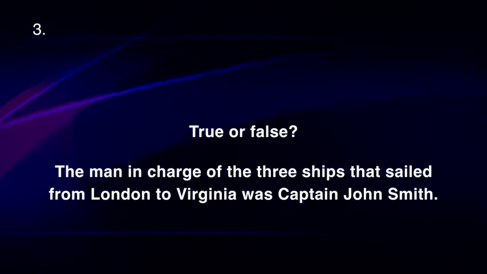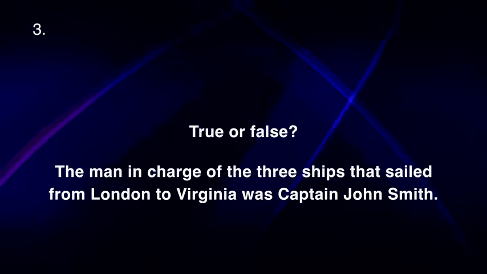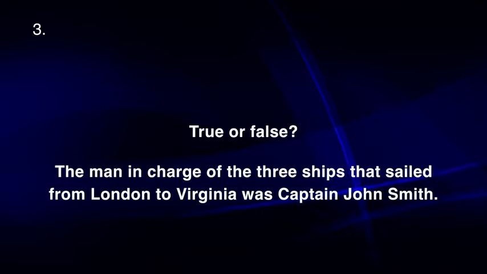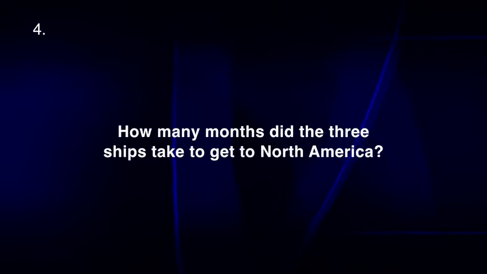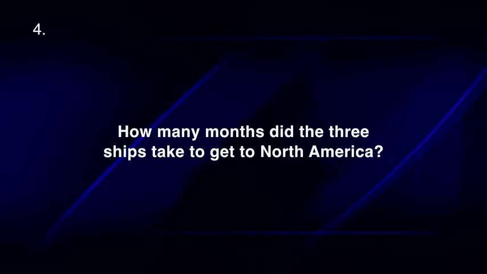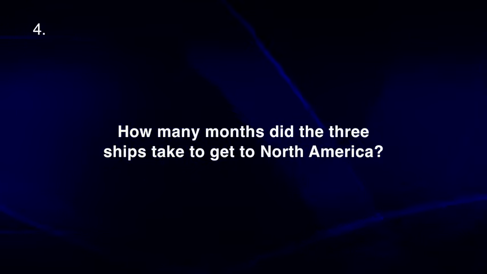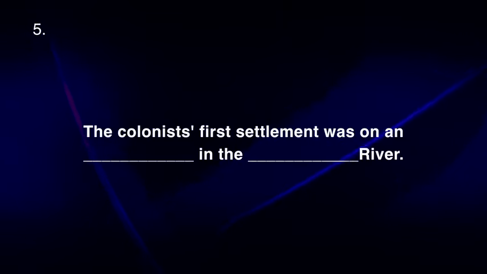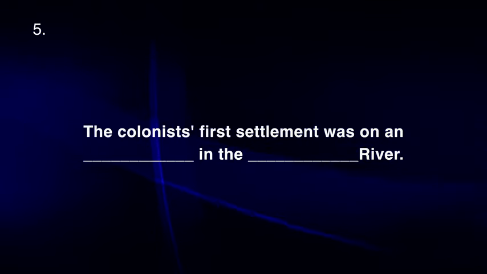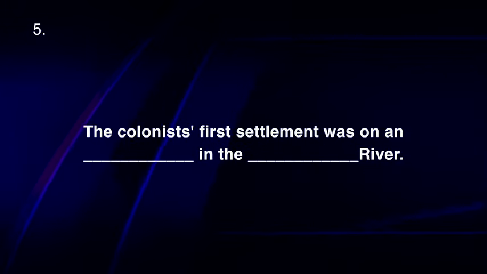The man in charge of the three ships that sailed from London to Virginia was Captain John Smith. How many months did the three ships take to get to North America? The colonists' first settlement was on in the river.